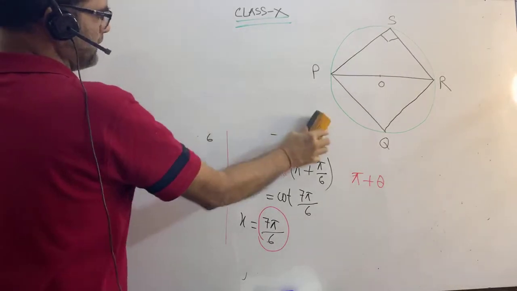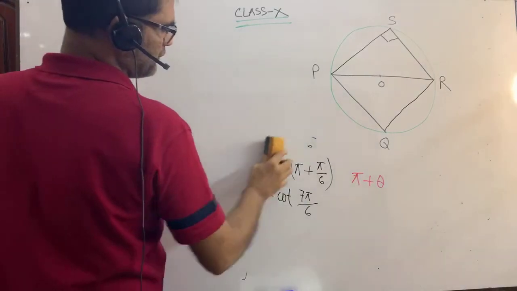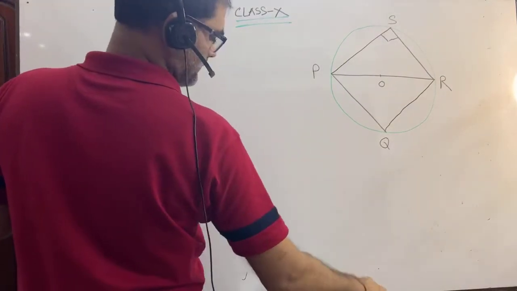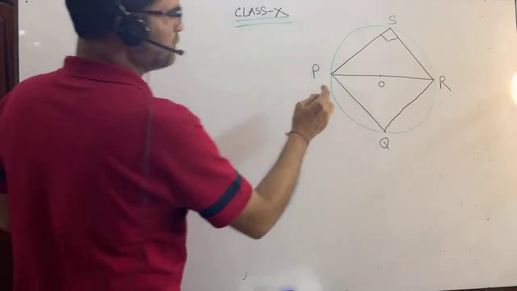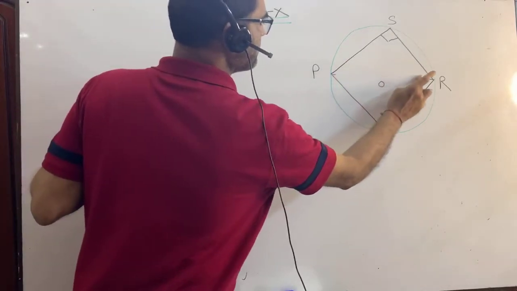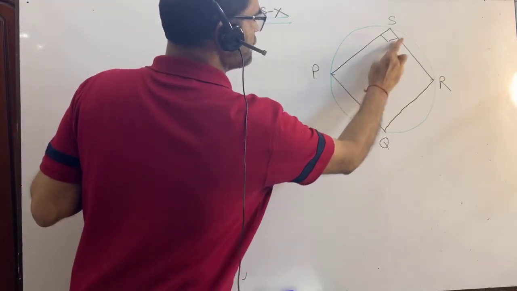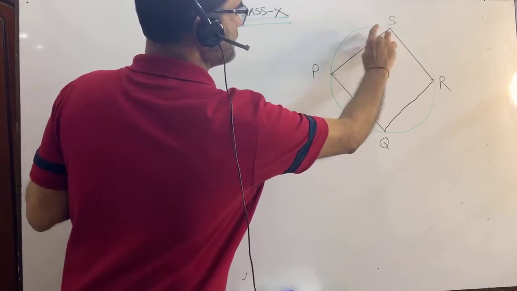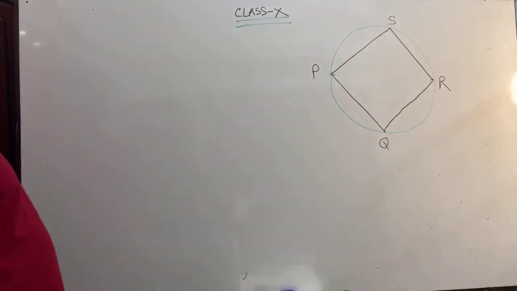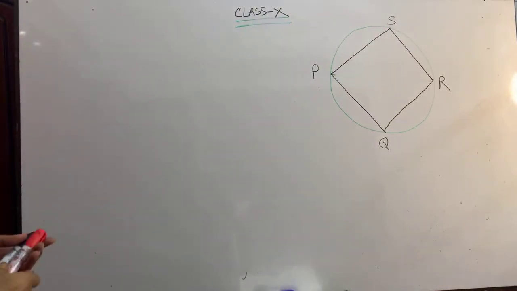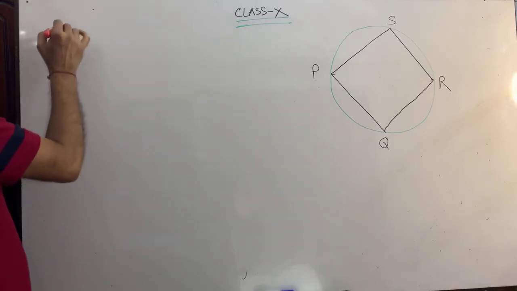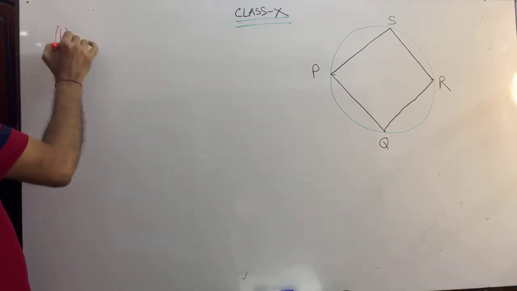Suppose in question number B, it is also given. For a while you think it is not given. Then you have to prove that, in question number B, you please pay attention.